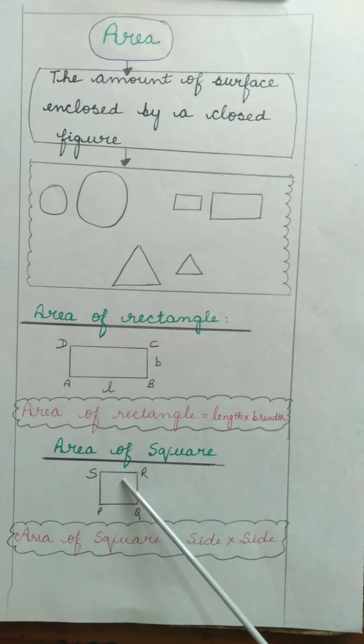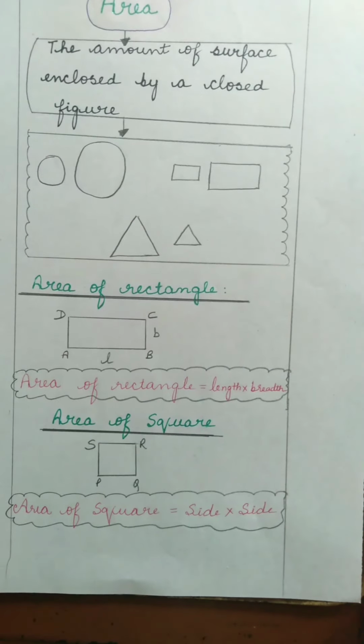Again, if you come to this square PQRS, children, all the four sides are equal and each angle measures 90 degrees. So the area of the square is calculated using the formula side into side. Therefore, the area of a square is given by side into side, and the area of a rectangle is equal to length into breadth.